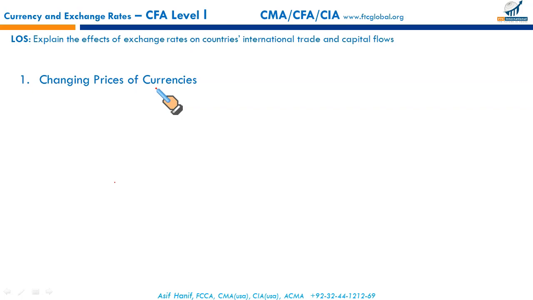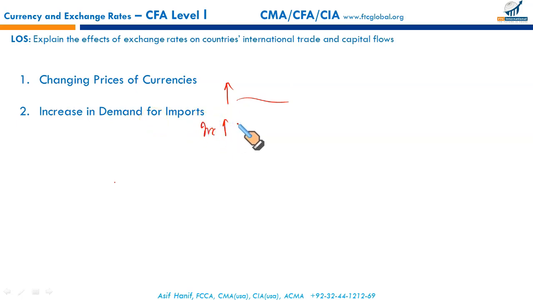So for example, if a country is doing well economically, so change in that currency's exchange rate will affect the supply and demand of currencies between other countries with which it trades. Increase in demand for imports. When domestic income rises, people have more money. So in that case, the demand for imports also rises. So in this case, investors will invest in other countries when they see favorable interest rate differences.